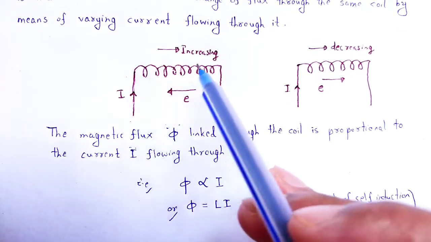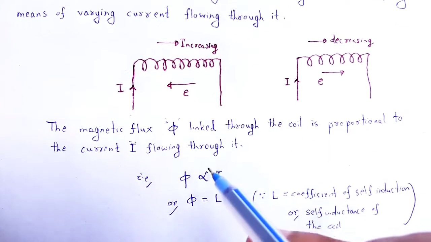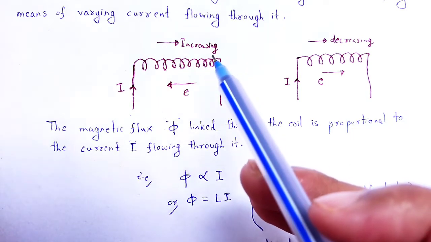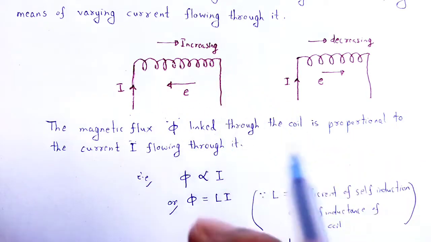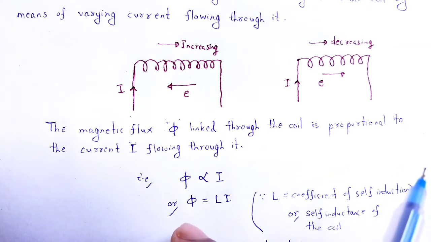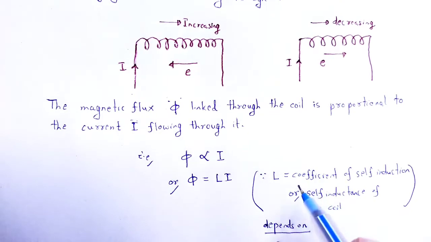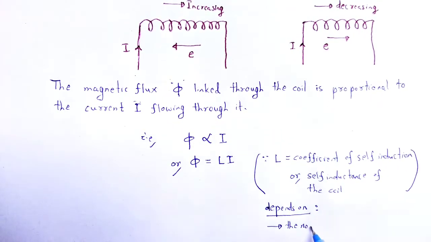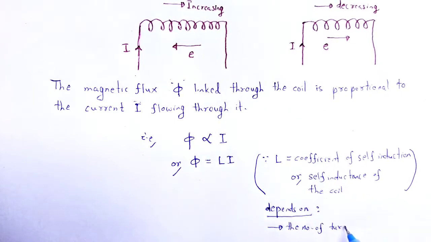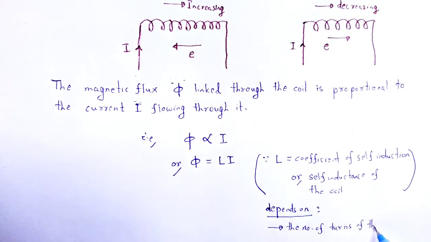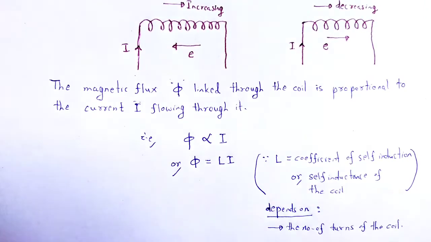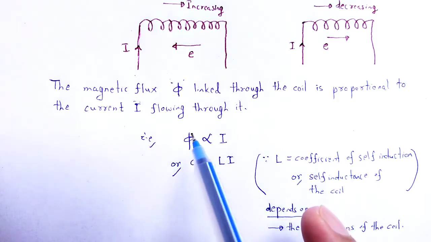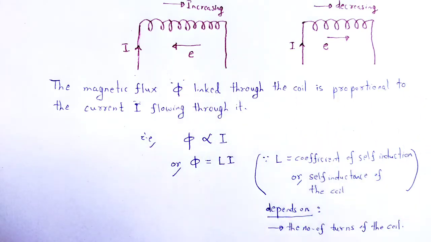If there are n turns of the coil, the total flux is increased to n phi. If the number of turns of the coil increases, then accordingly the magnetic flux linked through the coil also increases.